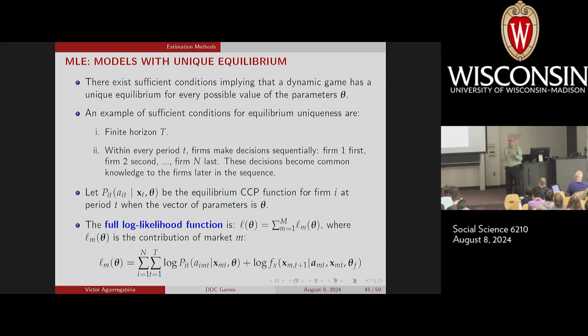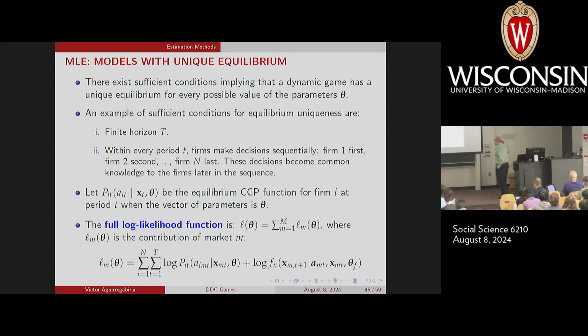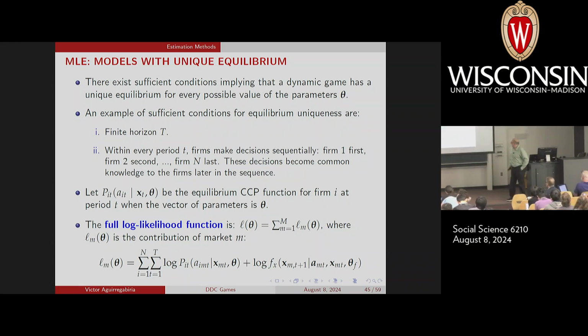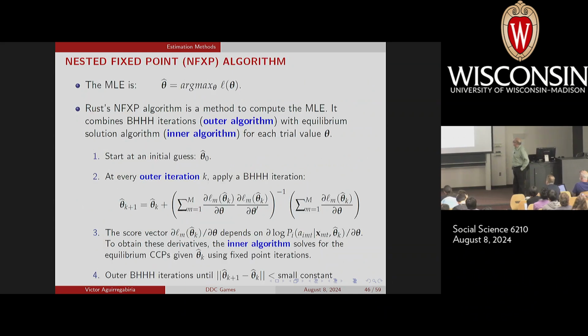Then under these restrictions, it's trivial to show that we always have a unique equilibrium, okay? Basically by using backwards induction across periods and backwards induction within period, it's straightforward to show that we have a unique Markov perfect equilibrium, okay? And then, given every value of the structural parameters, we have a well-defined likelihood function, and we can apply the nested fixed point algorithm as usual, okay?